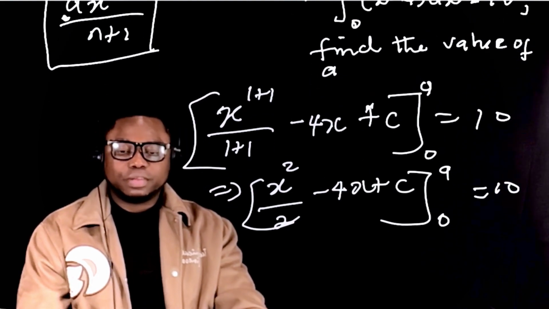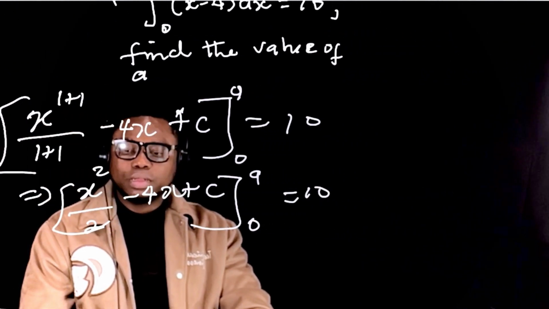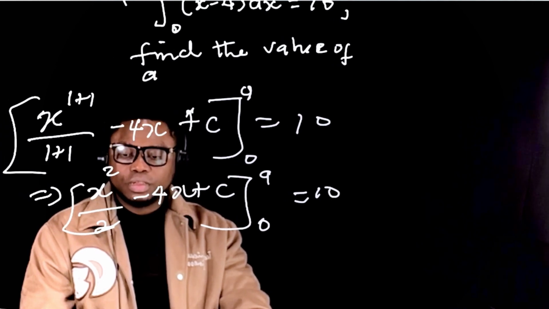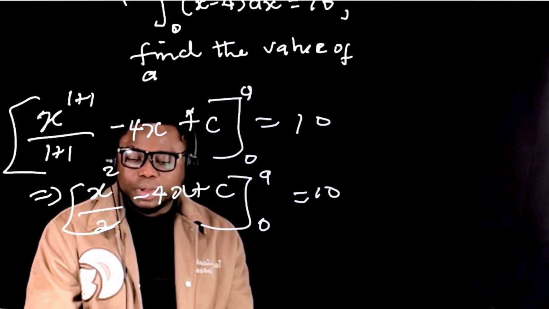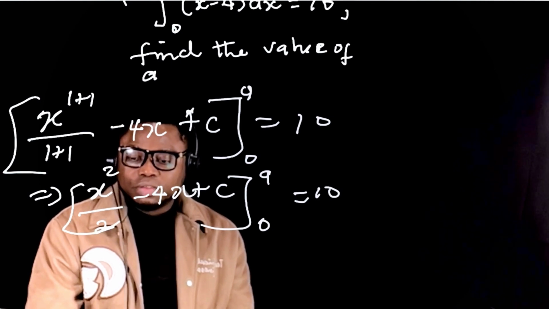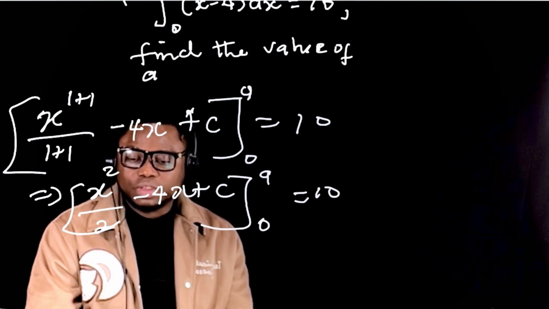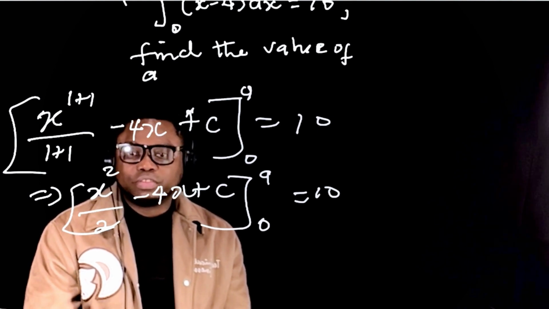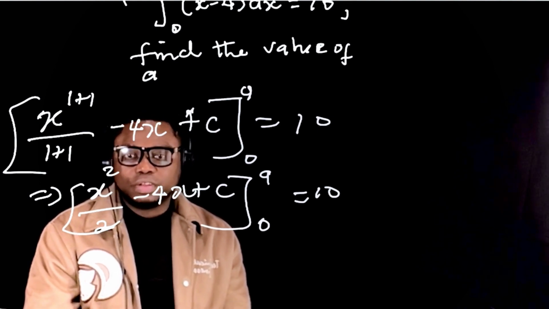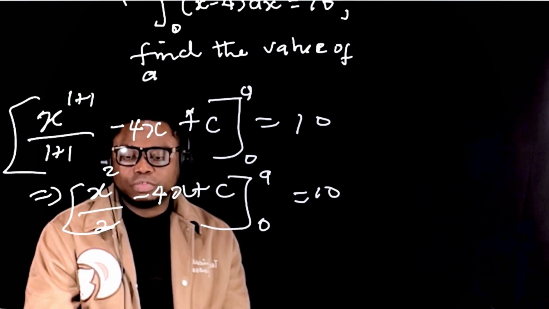Now the next thing is to replace x with both the upper and the lower limit. So I'm going to substitute x with a, and also substitute x with 0. Then I'll subtract their values. Then the resultant value, I'm going to equate it to 10.